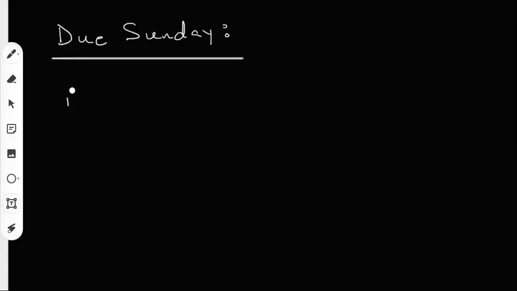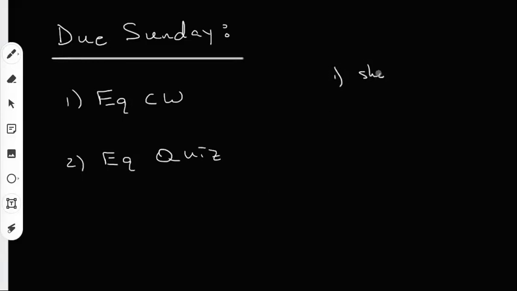All right, you've got your equations classwork, and you've got your equations quiz, right? 2 things. So what you need to do for all of the questions is, first of all, show your work. I can't give you credit without that.